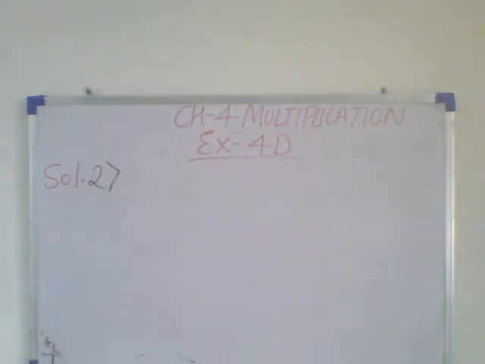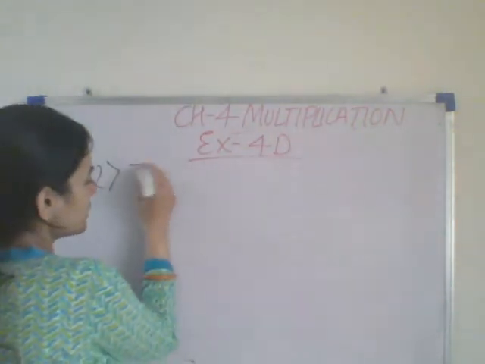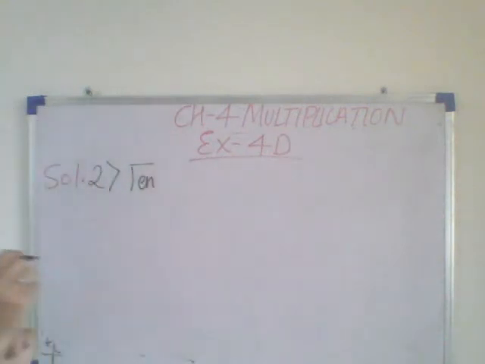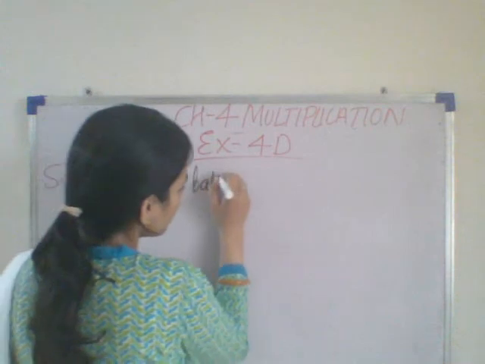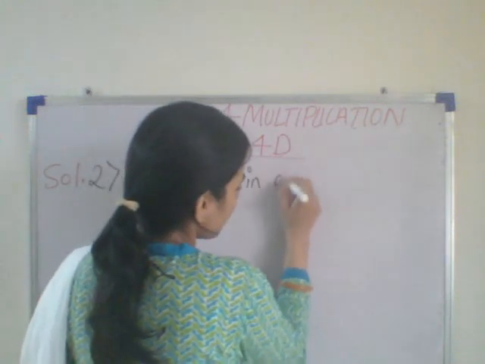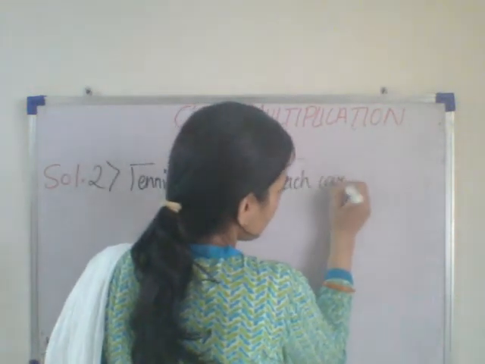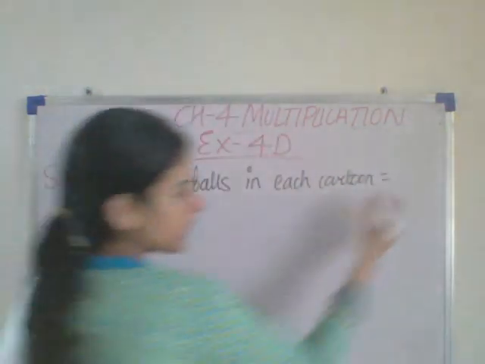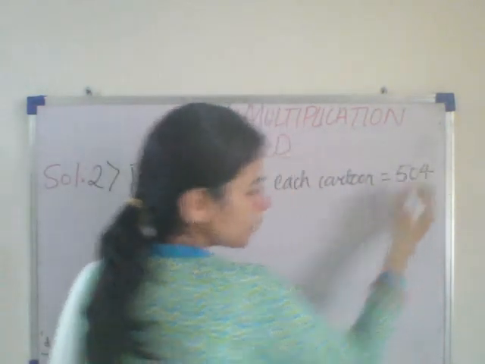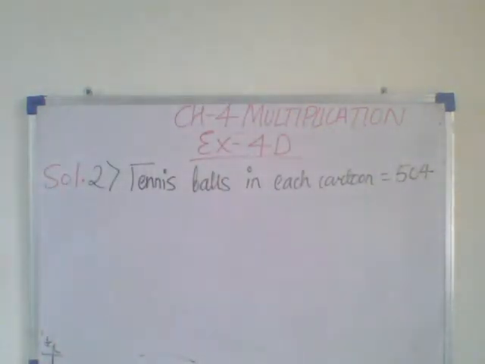Tennis balls in each carton. In each carton, how many tennis balls are there? 504.